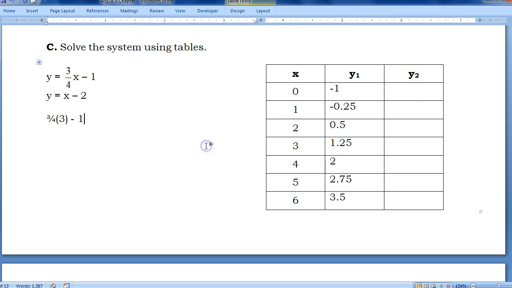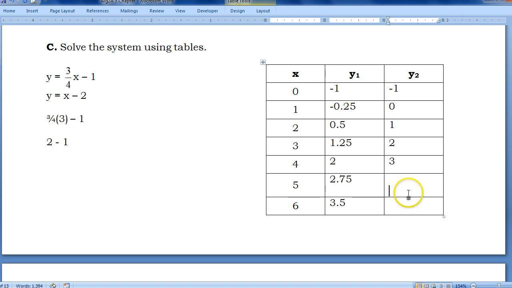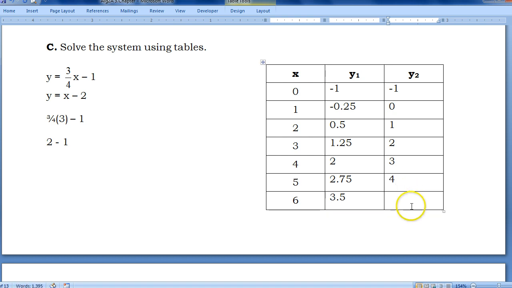For the second one, we'd keep substituting the same values into the second equation, so 0 minus 1. And then 1 minus 1. And then 2 minus 1. Oh, minus 2.